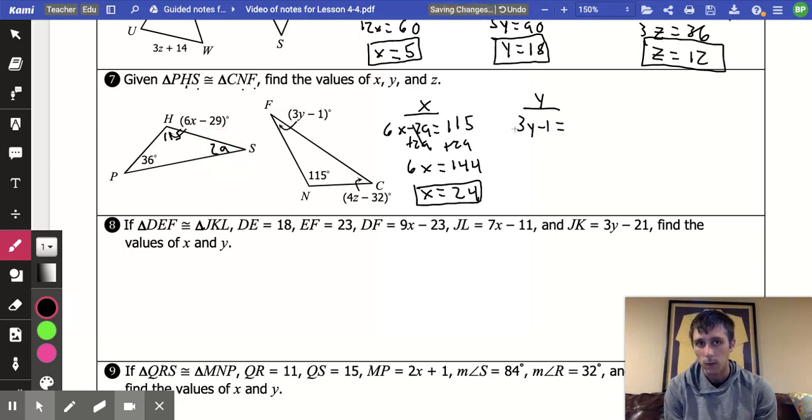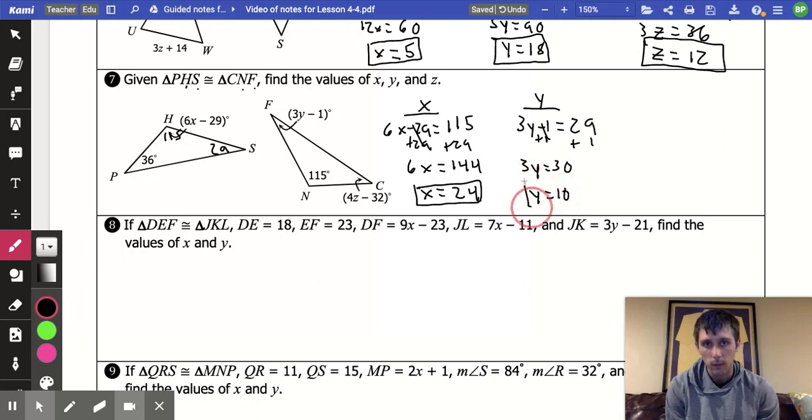All right, so now we're going to set 3y minus 1 equal to 29. Add 1. 3y equals 30. Divide by 3, y equals 10. And then the last one, z.